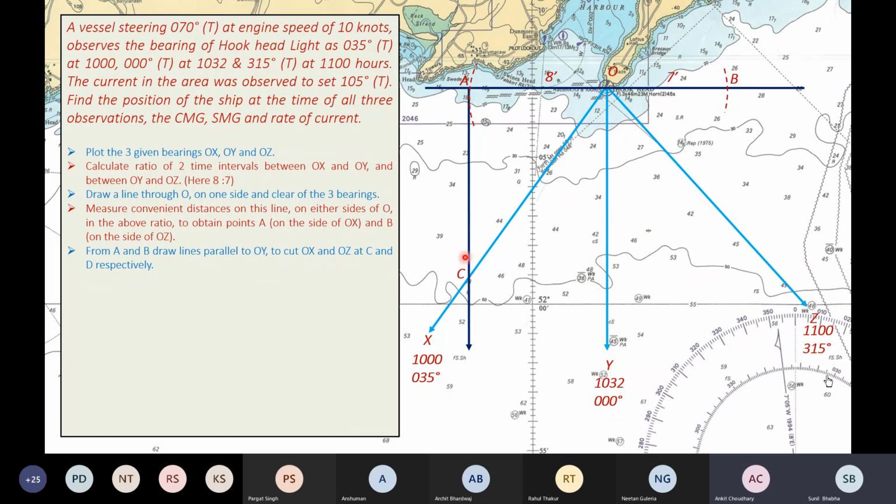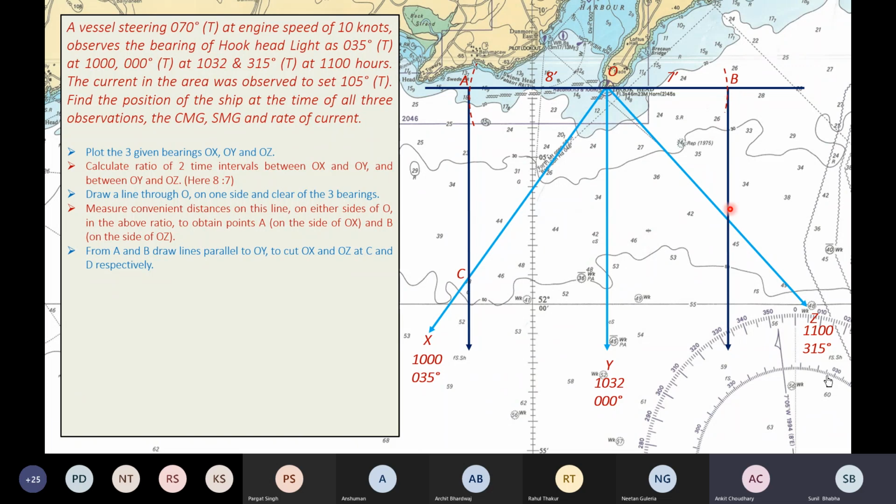Now this line cuts my first bearing line, first PL, OX, at this particular point. Let's name this point C. Likewise, I draw a parallel line passing from point B. This line is passing from point B and is parallel to my middle PL, my middle bearing OY.